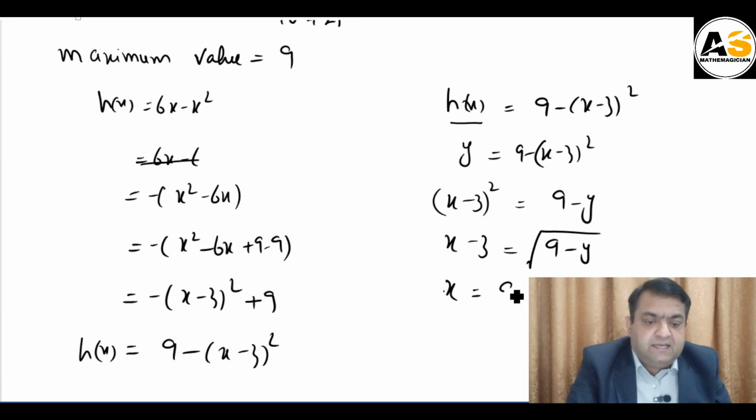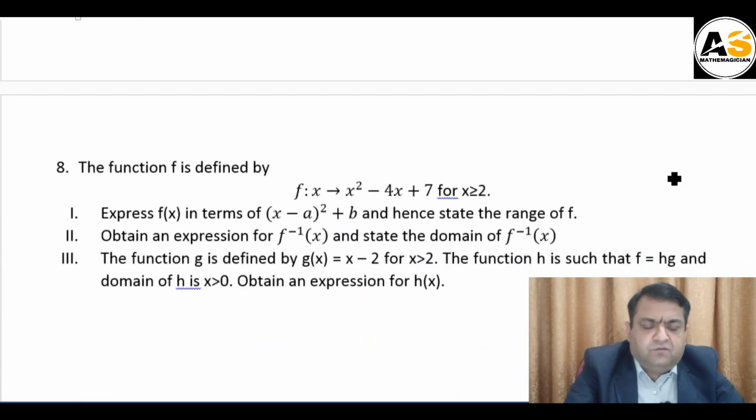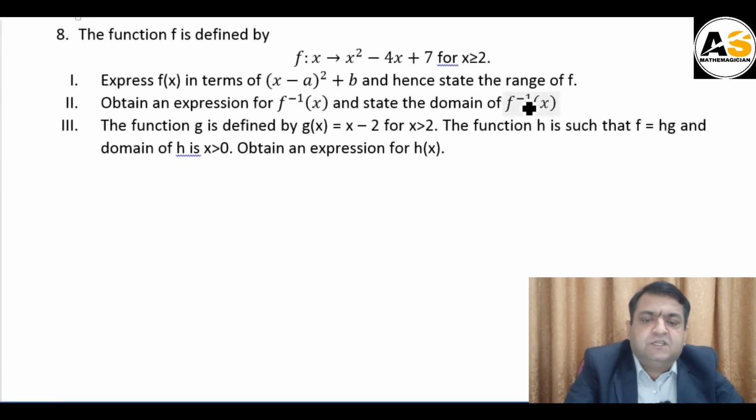From here, I will say x is equal to square root of 9 minus y plus 3. h inverse of y is equal to square root of 9 minus y plus 3, or simply I will write h inverse of x is equal to square root of 9 minus x plus 3. I am solving it rapidly because we have solved many questions for finding the inverse of a function. Let us move to our next question now.